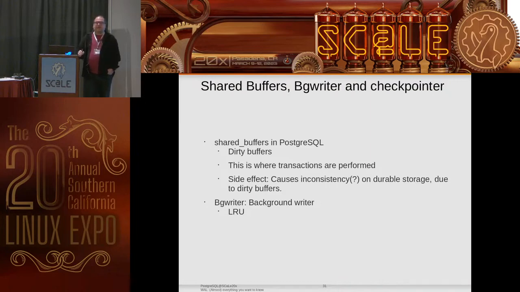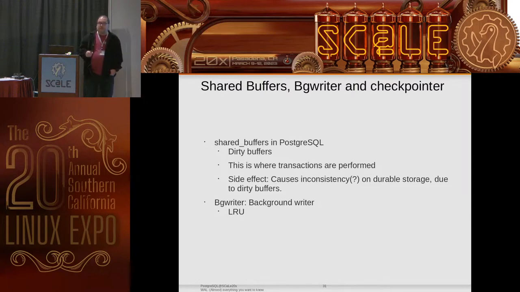The background writer is also called the lazy writer in the source code. It uses a least recently used algorithm to clean up the dirty buffers from the shared buffers and write them just to the kernel cache, or maybe out of the cache, or maybe swapped, or just to the disk. I don't know, it depends on the kernel.